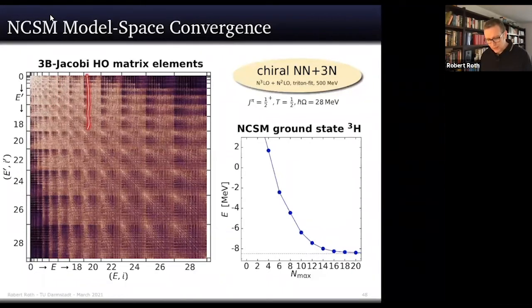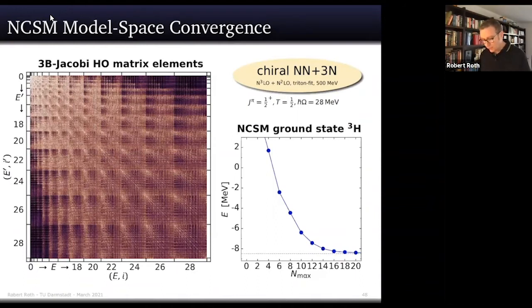I increase the size of these blocks, solve the eigenvalue problem for each of the blocks, and observe how the ground state energy, the lowest energy eigenvalue of my eigenvalue solution, behaves as a function of this matrix size or the Nmax parameter.